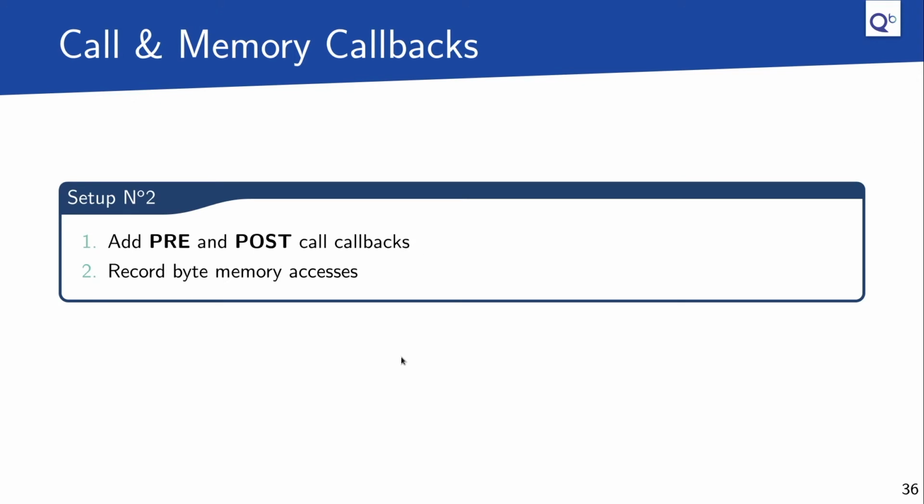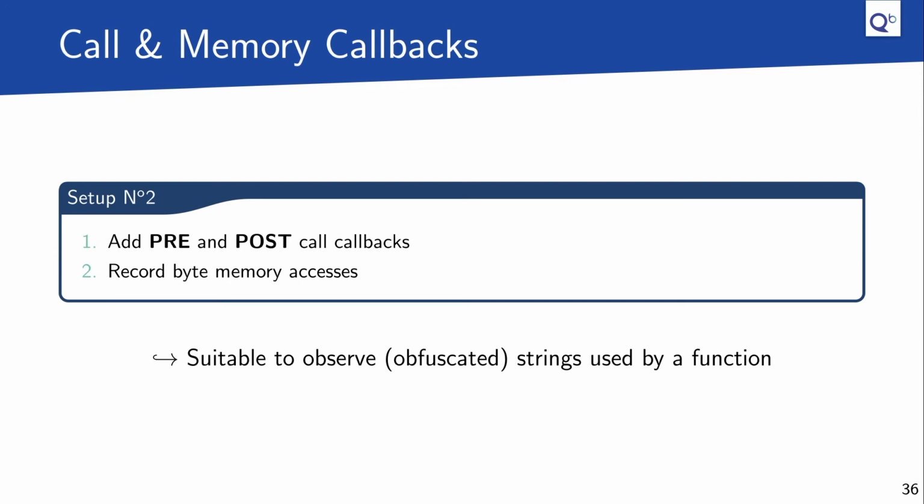Another interesting configuration is to set up pre and post call callbacks, and within the call to record only the byte memory accesses that are printable. This is quite interesting because in this configuration, we can detect functions that are decoding or encoding strings.